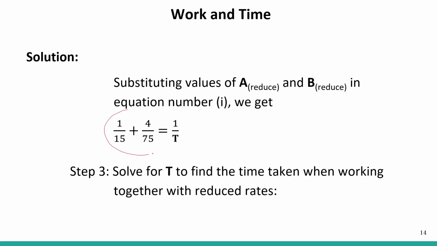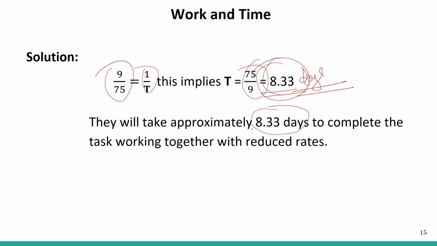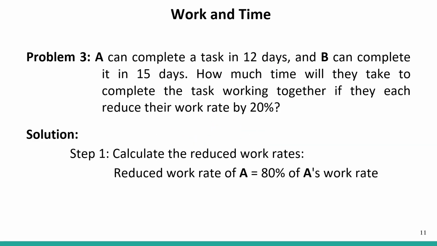So 1 by 15 plus 4 by 75 becomes 1 by T. Solving for T, we are left with 75 by 9, because 1 by T is equal to 9 by 75. So it will be nothing but 8.33 days. This many days will be required for A and B, at their reduced capacity, to complete the same task that they individually completed in 12 and 15 days respectively.